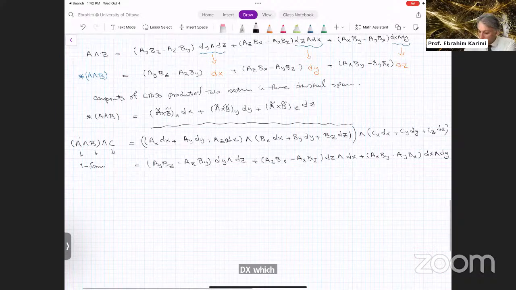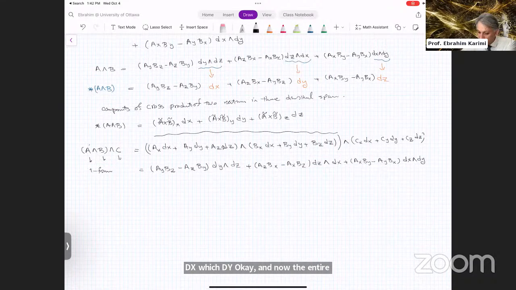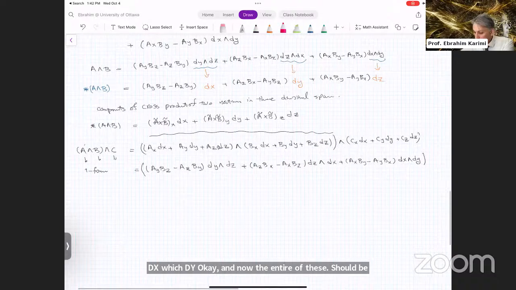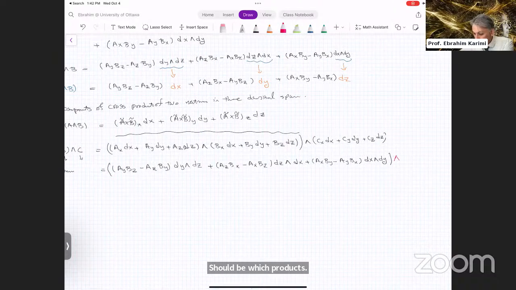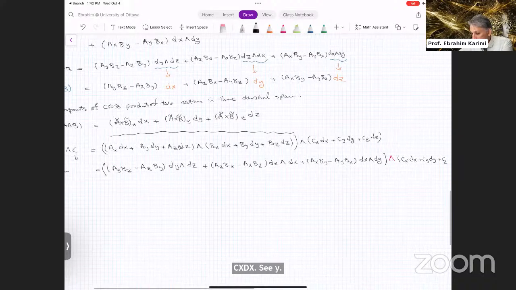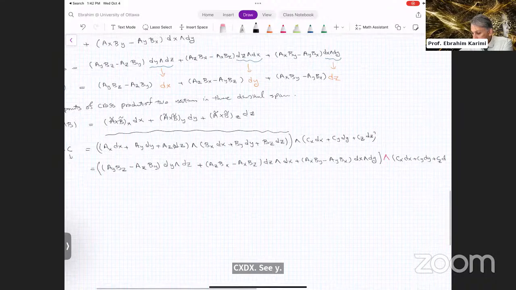And now the entire of these should be wedge product with C, which is CX dx, CY dy, CZ dz.